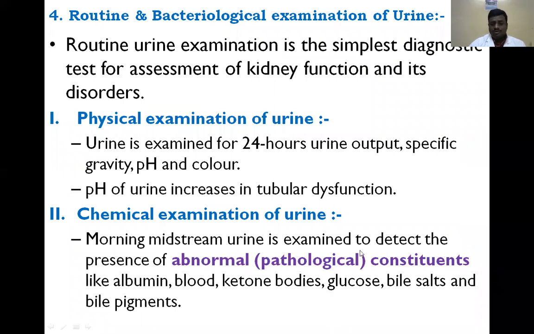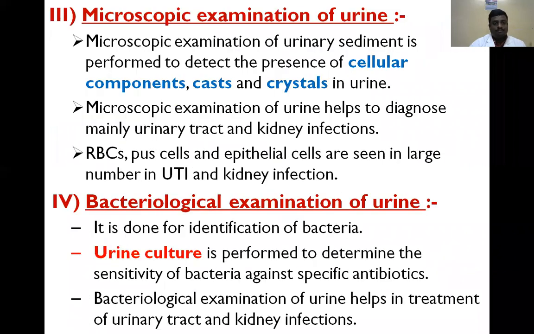You know all these experiments that you did. Next is microscopic examination, where we examine casts and other components, especially crystals, which we see in chronic renal failure patients under the microscope.